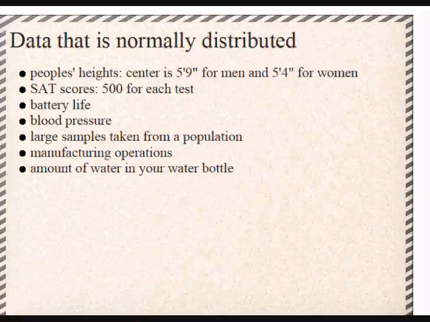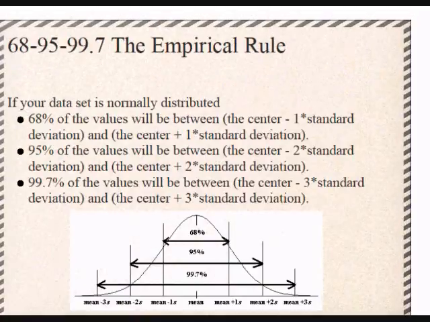Battery life, blood pressure, amount of water in your water bottle. These things have a normal distribution. Manufacturing operations have a normal distribution. Most people have a certain blood pressure, and then there's a few people really high, a few people really low. Okay, so normal distributions are all over the place.